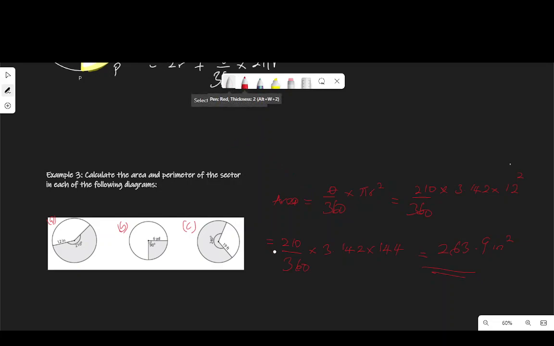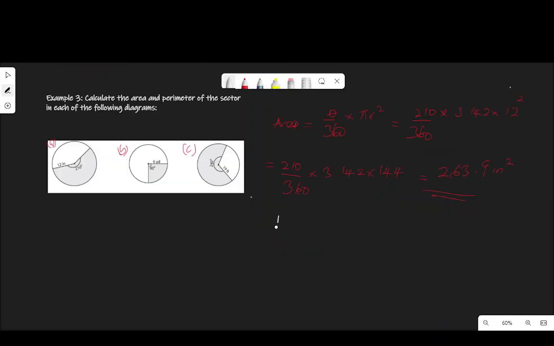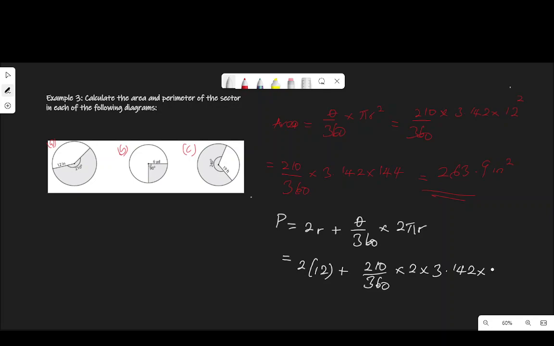And for the perimeter, I will use color white. Perimeter P is 2r plus theta over 360 times 2 pi r. And what is r? The r is 12, so I have 2 times 12 plus angle is 210 divided by 360 times 2 times 3.142 times the radius is 12.